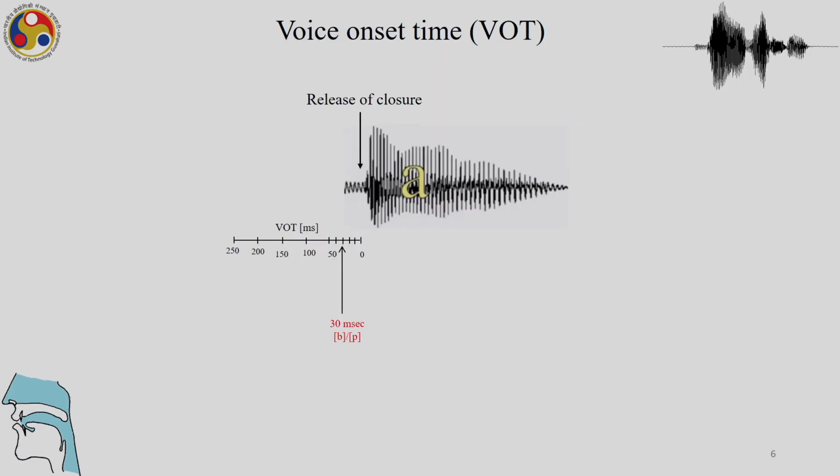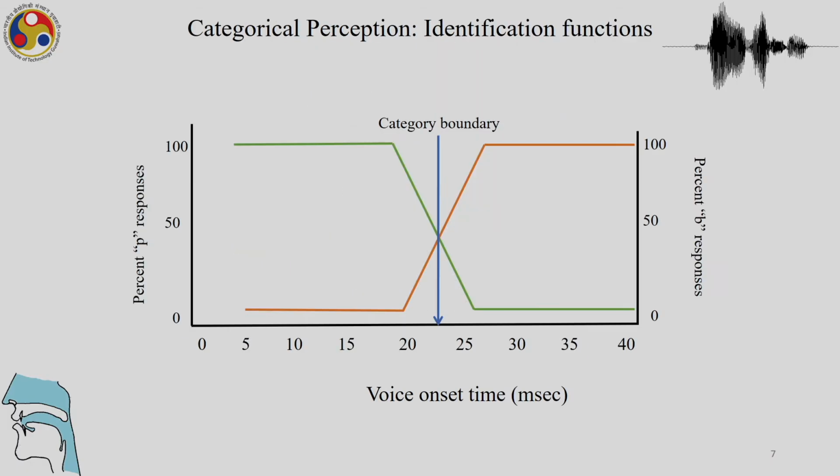The experimental results showed that almost 100% of the subjects gave a positive response within that category boundary, and they would never hear an in-between category. They would hear only one category or the other category and nothing in between. So, this is what we saw in the last class.